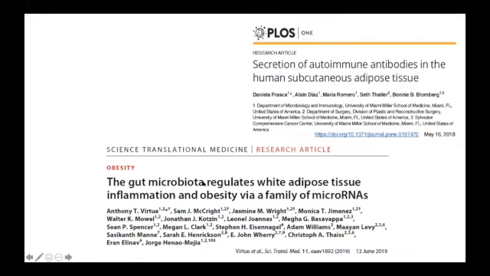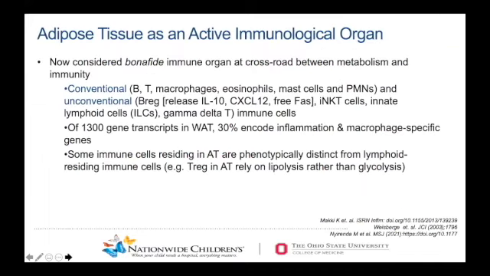And then this interesting study linking the gut microbiome with white adipose tissue in obesity being regulated by microRNAs. And so adipose tissue is now considered a bona fide immune organ at the crossroad between metabolism and immunity. It contains conventional as well as unconventional immune cells.